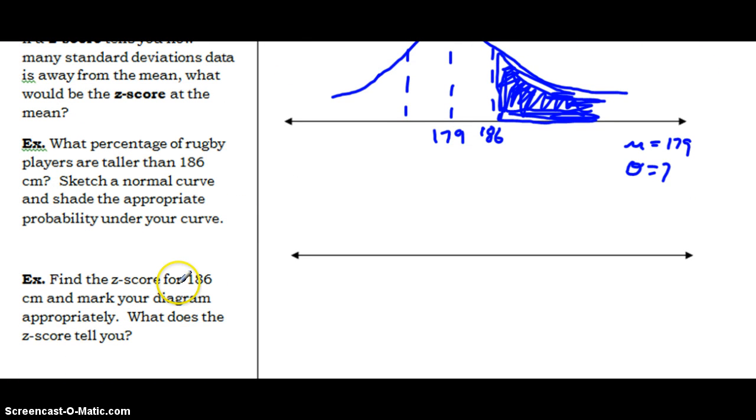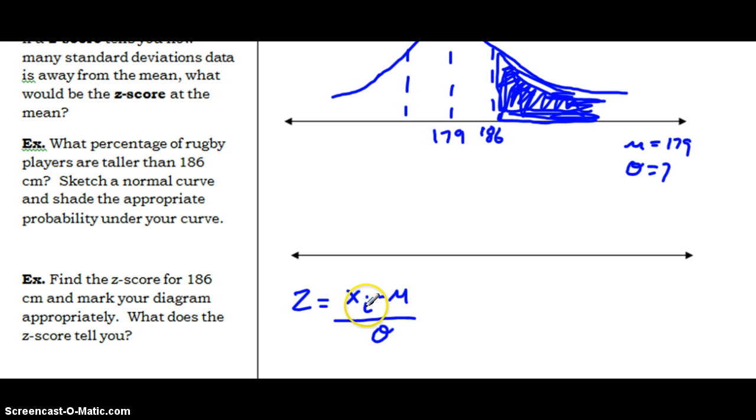Our second example, they want us to now find the z-score for 186 centimeters and mark your diagram appropriately. We know our z-score is 1, right? When we determine that, that is our z-score. But let's go ahead and find it using our formula.